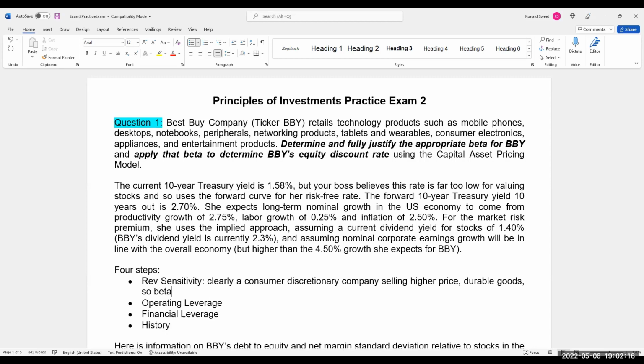So beta, well, above 1. I'm not necessarily saying above 2 or even 1.5, but somewhere probably in the 1.25 to 1.70 range. They sell, especially now, they're becoming much more of an appliance sales person, but electronics, you just see those are durable goods. So above 1.